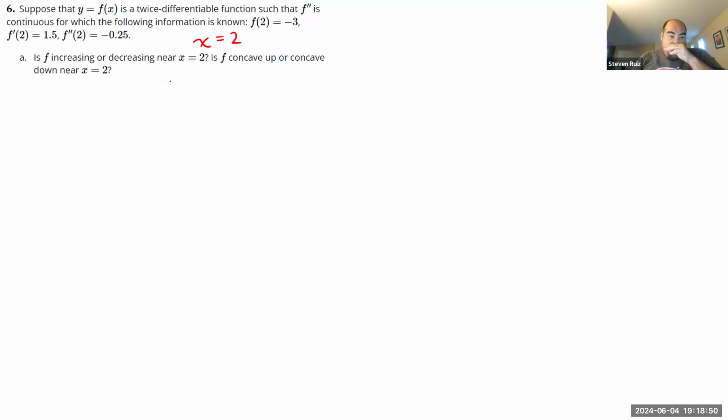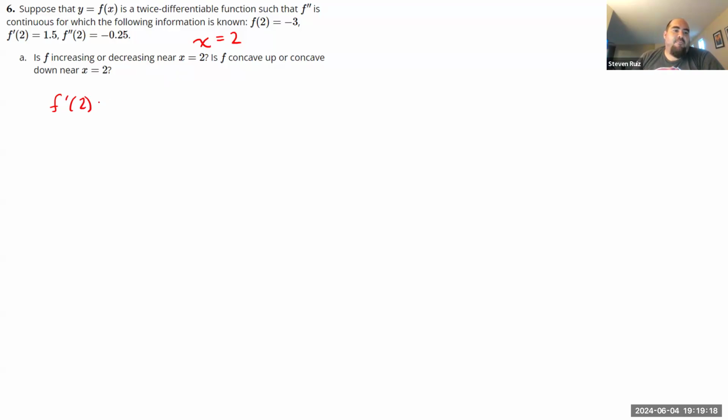If you want to know if a function is increasing or decreasing, that information comes directly from the first derivative. A function's first derivative tells you what the instantaneous rate of change is for that function f at whatever point you're looking at. So what we care about right now is f prime of 2, because we're asking if f is increasing near x equals 2.